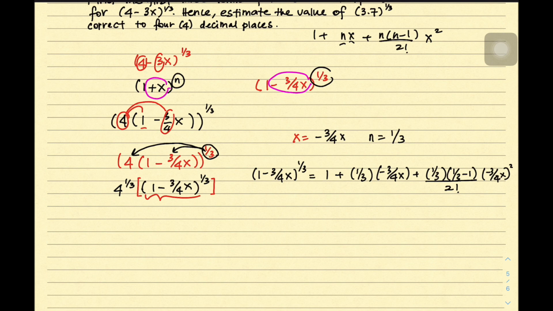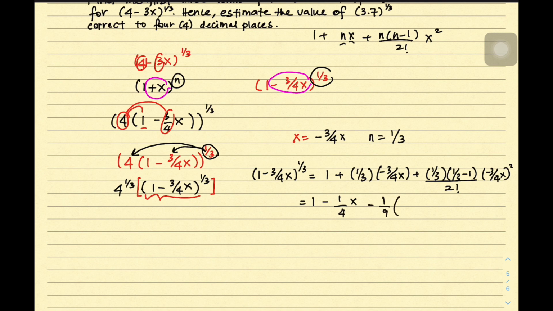Okay, so kat sini kita ada 1 per 3 darab dengan negatif 3 per 4, you will have negative 1 over 4 x. Okay, 1 per 3, jangan kalkulator lah. 1 per 3 darab dengan 1 per 3 tolak 1 bahagi dengan 2, so you have negative 1 over 9.